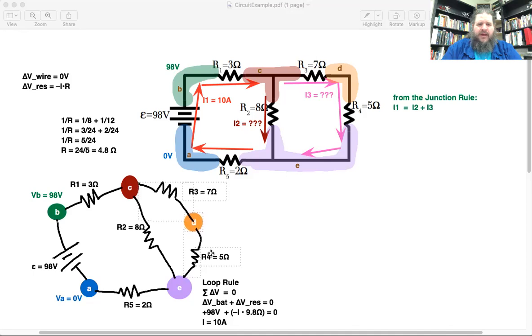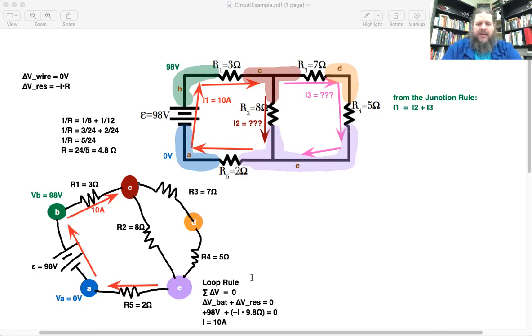And now we can start calculating voltage differences because we now know the current. For example, we now know that the current through the battery and R1 and R5 is 10 amps. So if we fill that in, we now have the current and resistance in each of those.